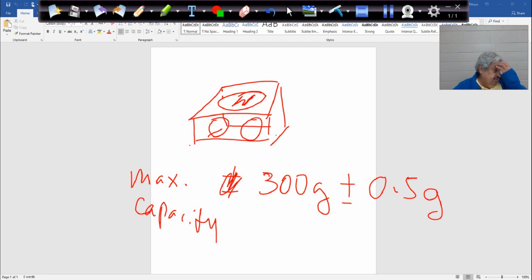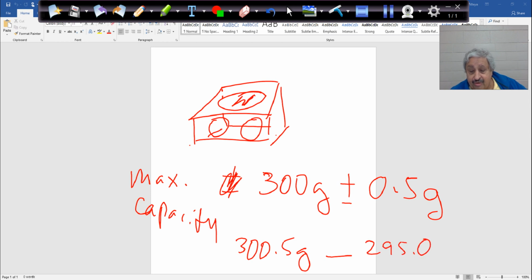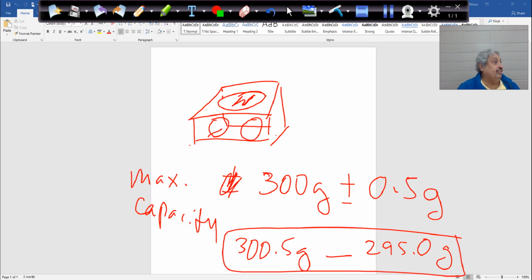So this can go from 300.5 grams, or to 299.5. So you have a half gram of uncertain value in this balance.